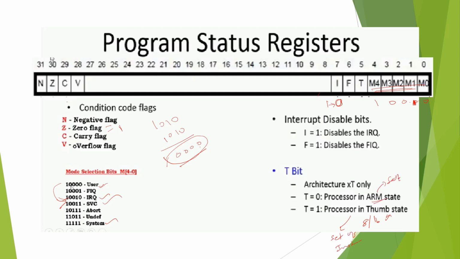What we are doing in our lab now is all related to ARM state instructions only. Okay, so please remember, bits 0 to 4, 5 bits for mode of operation, I and F for interrupt request and fast interrupt request, T is for thumb state or normal mode, and the last 4 MSBs are for condition flags.